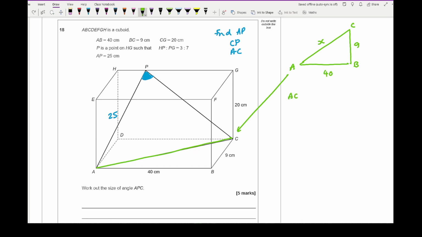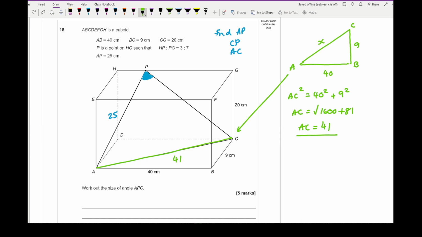So AC squared equals 40 squared plus 9 squared. So AC equals the square root of 1600 plus 81. AC on the calculator gives me an answer of 41. So this length here is 41.